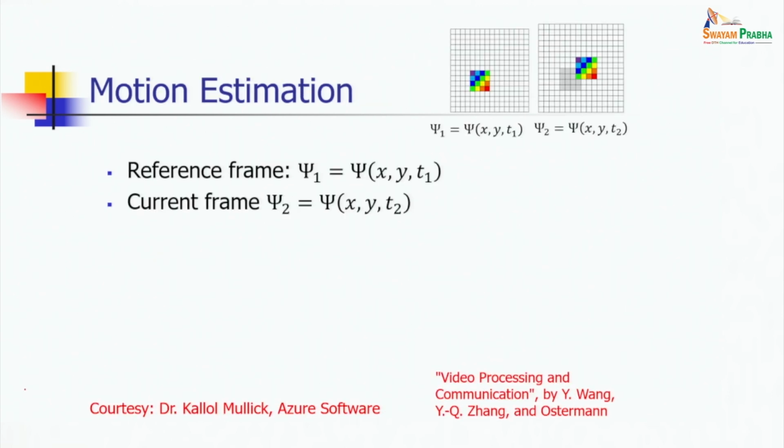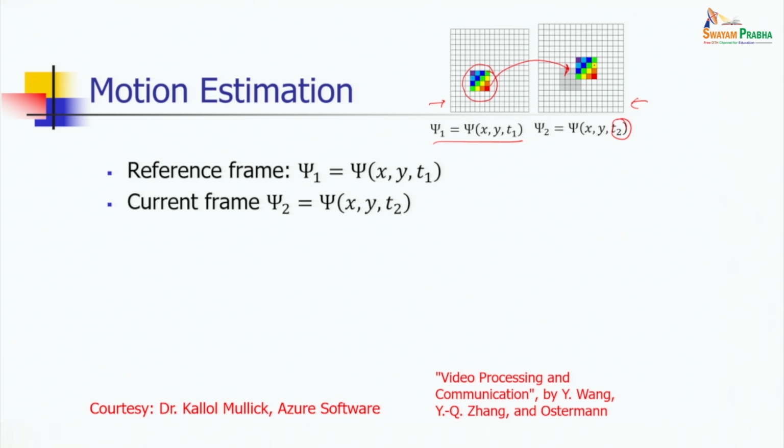For motion estimation, as we have mentioned, we need to compute the block which is similar. This is the frame at time instance t1, and this is the second frame at time instance t2. Say this block we want to predict. Actually we do it the other way: we consider that this block has moved here.